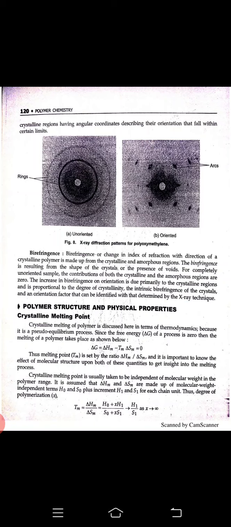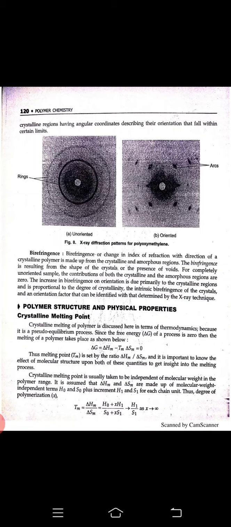The crystalline melting point is usually taken to be independent of molecular weight in the polymer range. It is assumed that delta Hm and delta Sm are made of molecular weight independent terms, delta H0 and S0, plus increments H1 and S1 for each chain unit.